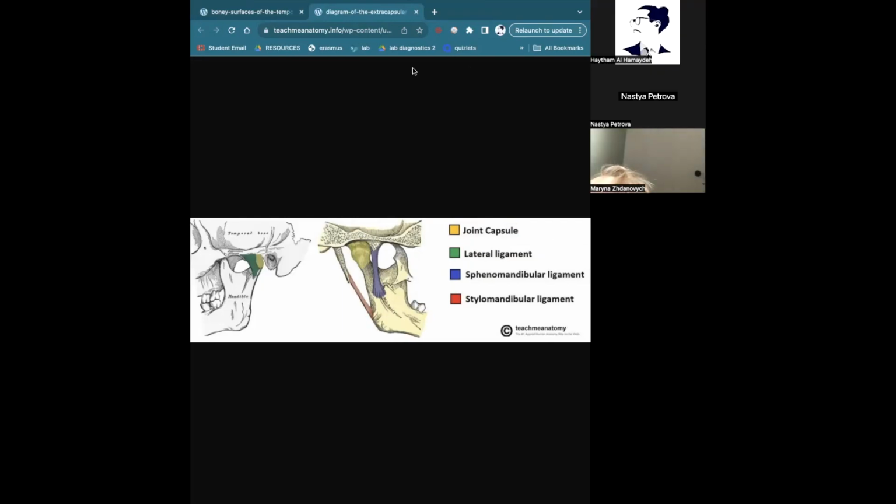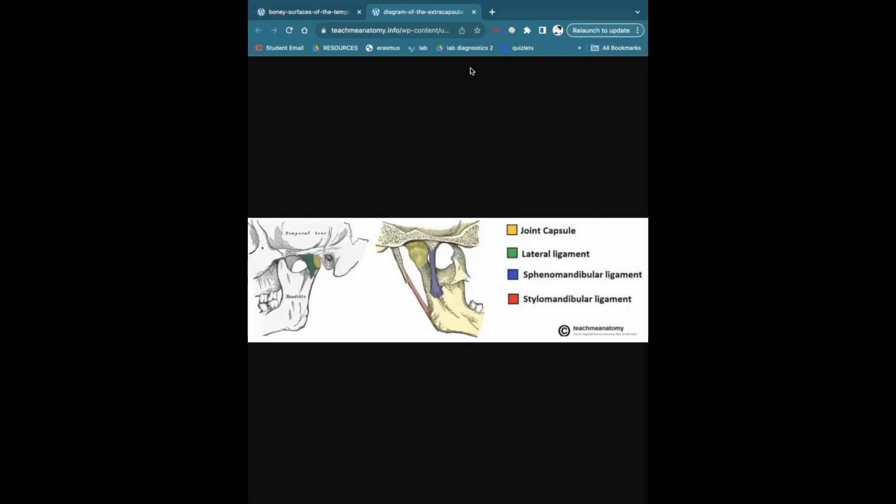Yes. So now, the first one is the lateral ligament. We have to know always, and we have to tell him, where the ligament runs from. What it connects to what, okay?